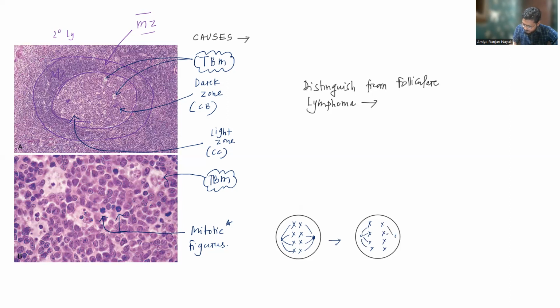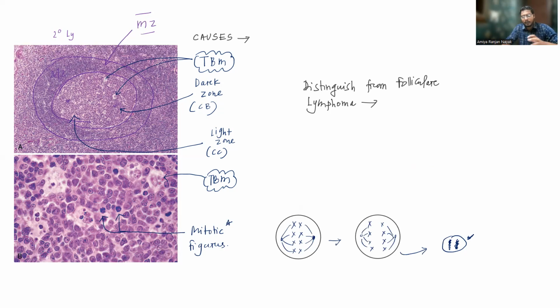During the process of mitosis, these kinds of cells we are going to find. When you see this cell under the microscope, it will look something like this. These are nothing but the mitotic figures. Mitotic figures are basically the dividing cells, the cells in division. In any case with active proliferation and division of cells, you are going to find mitotic figures.